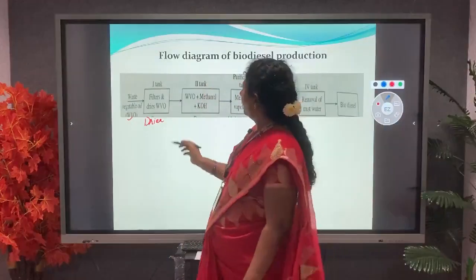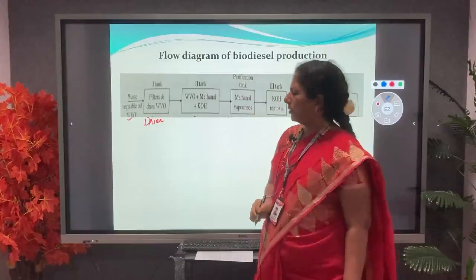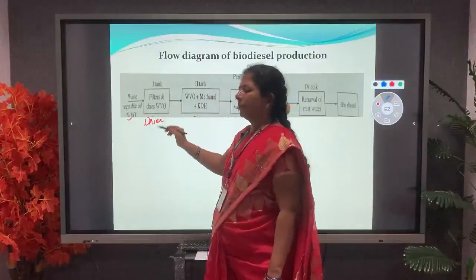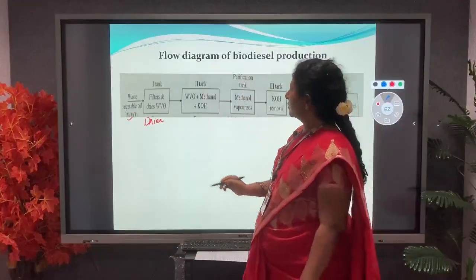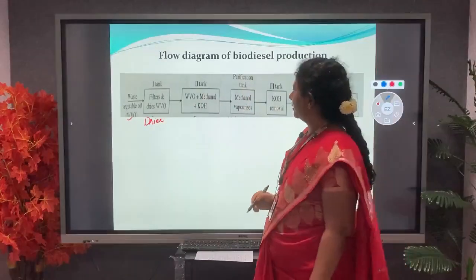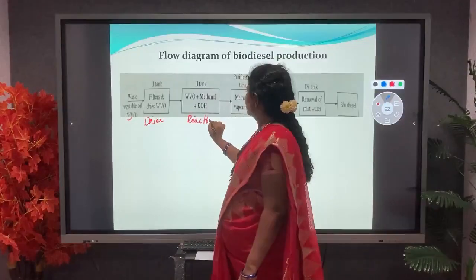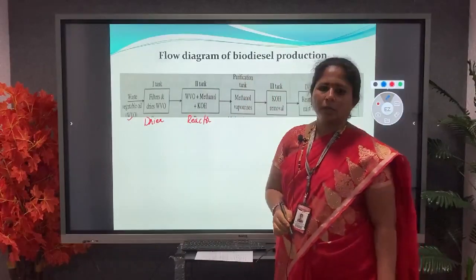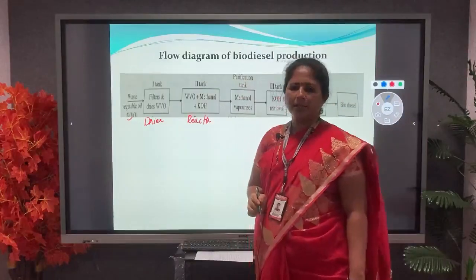Here water will be removed from waste vegetable oil, otherwise water will react with vegetable oil and form soap. Second one is called the reactor. Here the trans-esterification process will be taking place.